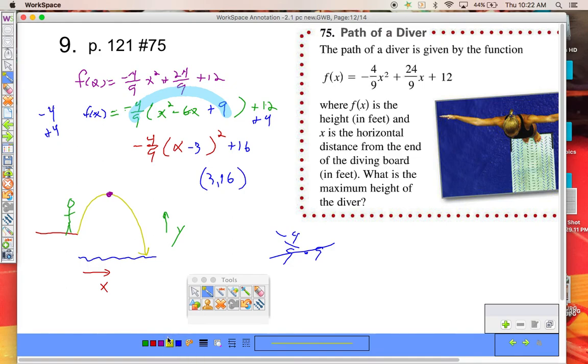They want to know the maximum height, which is our y value, and we would say 16 feet. So at that maximum height, he's going to be 3 feet away from the board and 16 feet high. So fractions. Looks ugly, but when you take out that fraction, it cleans up pretty nicely.